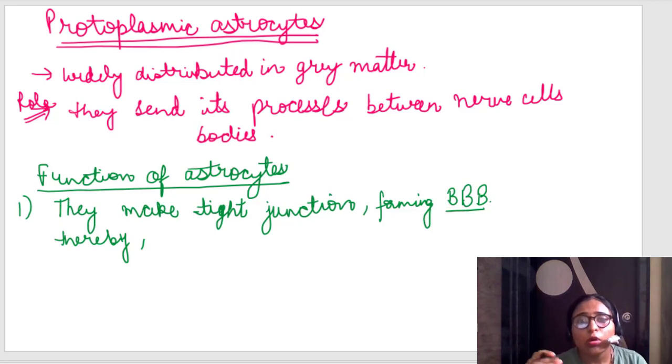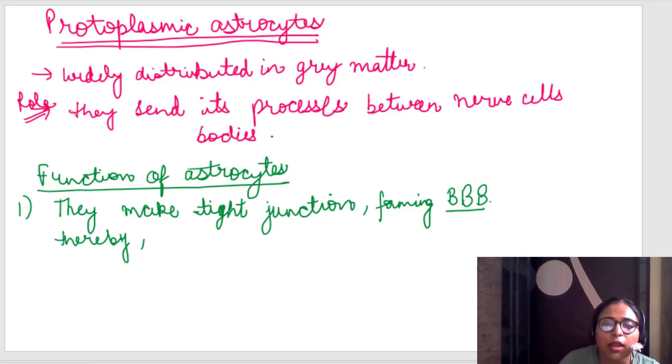It will prevent the entry of all the things from the blood. Means it acts as your sieve, right? It only allows the special entry of the things, whatever the brain needs or what is suitable for the brain, so it will allow that only. Means many things will be washed out until it reaches the brain from the blood, right?